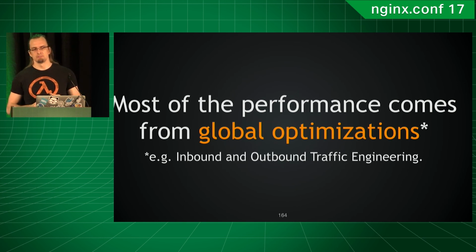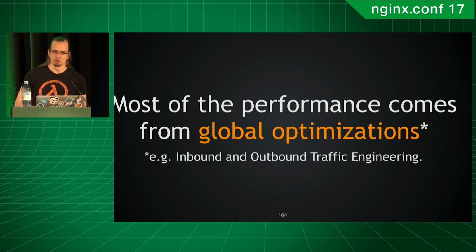In our experience, most performance comes from global optimizations. Good examples are load balancing, internal and external, within your network and around the edge, and inbound and outbound traffic engineering. These are problems that are on the edge of knowledge right now.